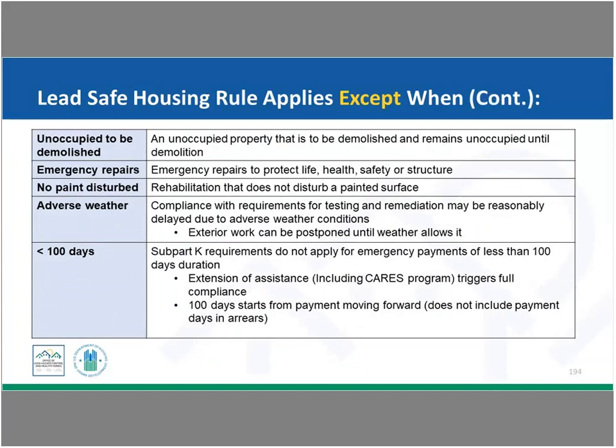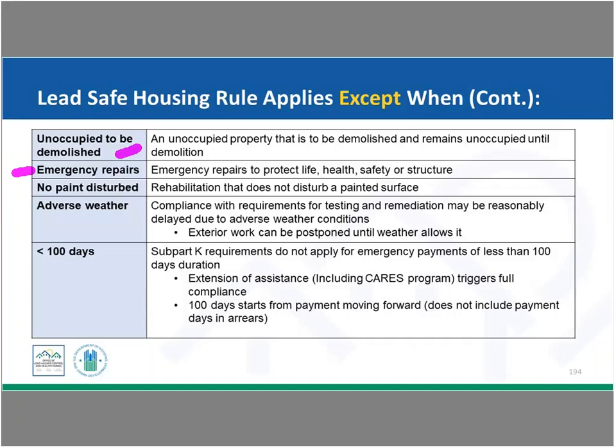There's a few more examples. If you have a property that's unoccupied and it's going to be demolished, as long as no one is living there and it's going to be demolished, that's also exempt. If you have emergency repairs, these are exempt. Now, emergency repairs are repairs that are going to protect life, health, safety, or structure.